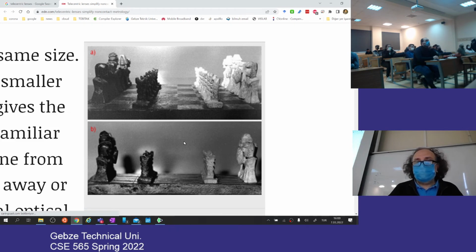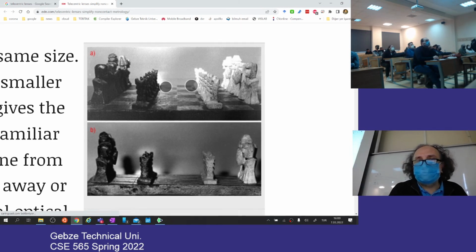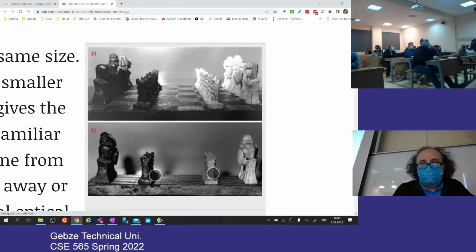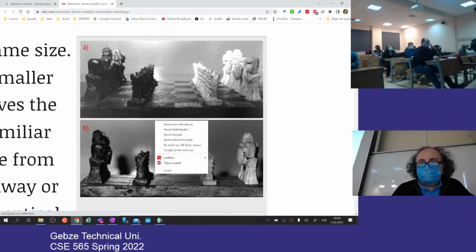If I take the image of this board using a conventional lens, this distance here should be equal to the distance there, right? But because of the perspective projection effects, I don't see them the same. How about this one? In the image below, this distance and that distance are the same.